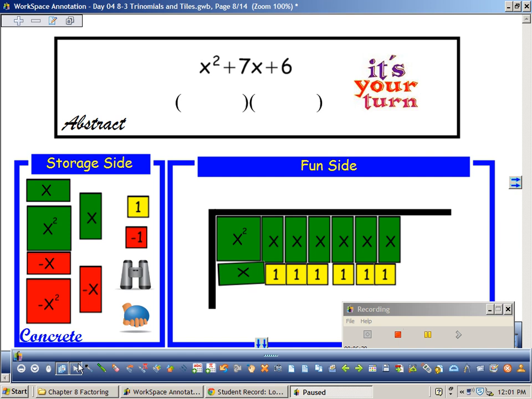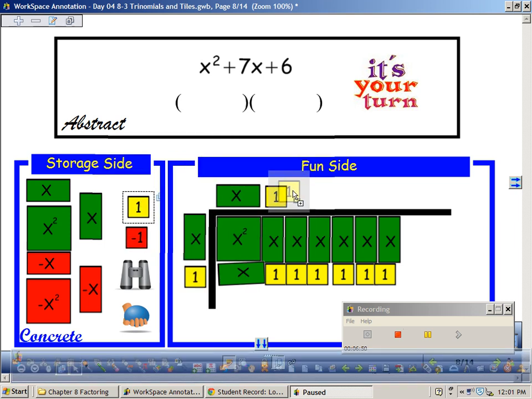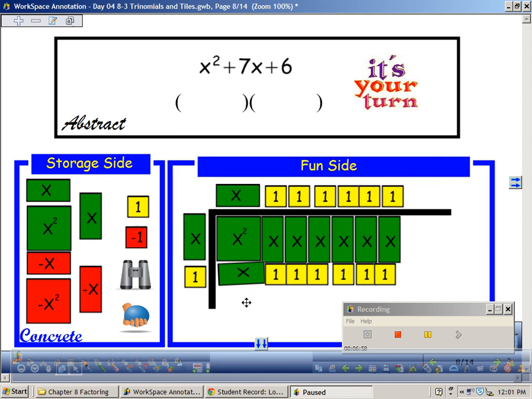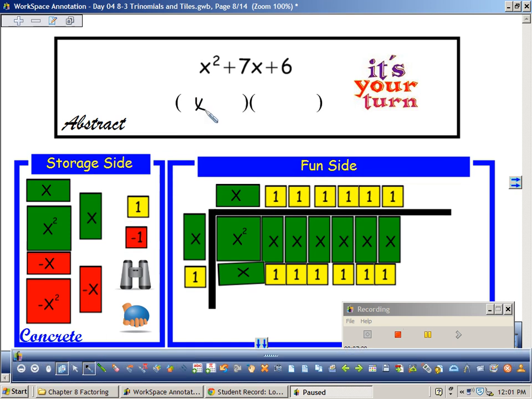We have it factored. So x times x makes x squared. 1 times x makes x, and each one of these is a single digit. So what are my two binomials? X plus 1, x plus 6.